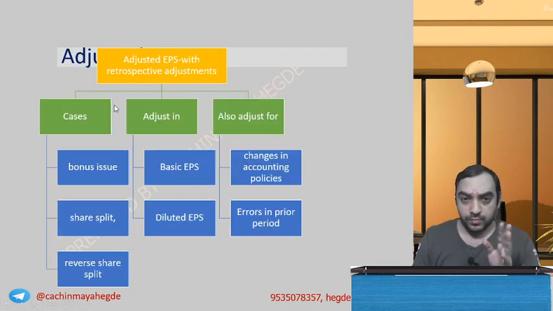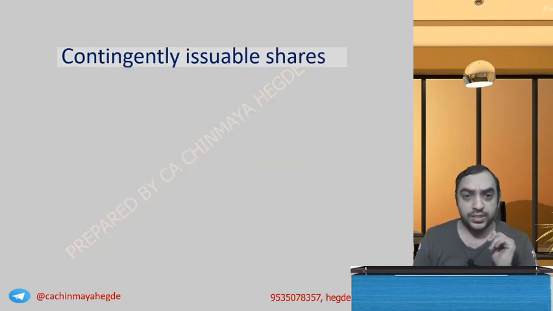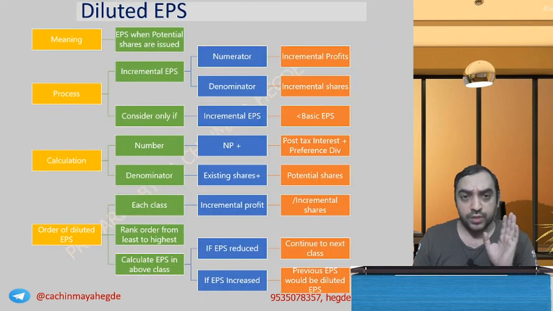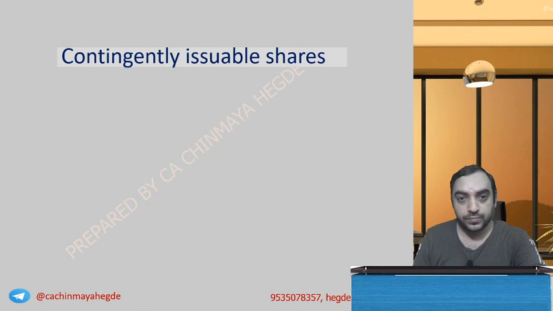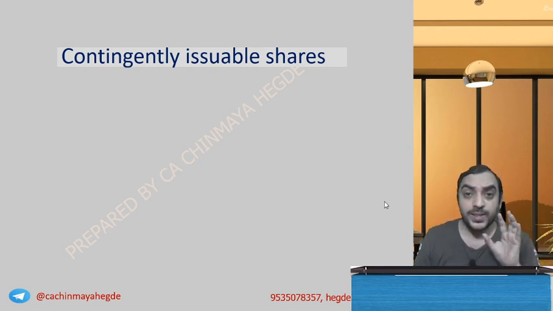Adjusted EPS: bonus shares, rights shares, and accounting policy changes should all be adjusted. Contingently issuable shares also we discussed. Diluted EPS also we have discussed. Okay, very good. So this is the theoretical aspects on earnings per share in Ind AS 34.